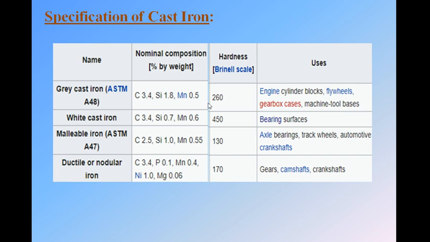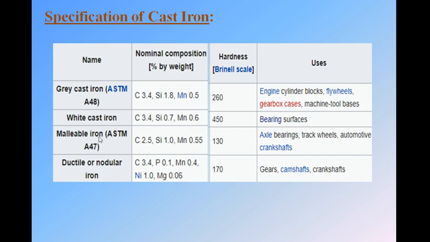The applications are engine cylinder blocks, flywheels, gearbox cases, and machine tool bases. White cast iron: carbon 3.4%, silicon 0.7%, manganese 0.6%. The Brinell number is 450 BHN, and the application is bearing surfaces.